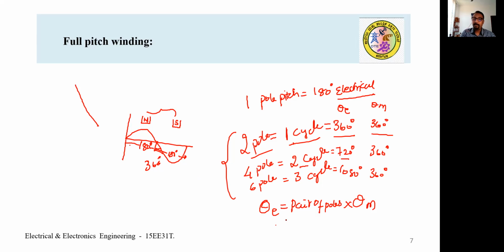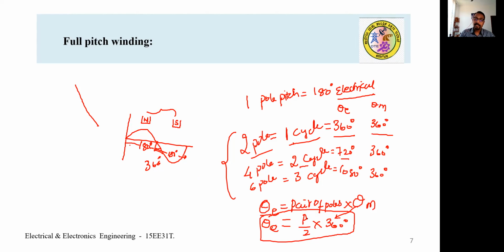Then what is meant by pair of poles? It is P by 2 into theta M, where theta M is always 360 degree. So this is the relationship between electrical degrees and mechanical degrees.